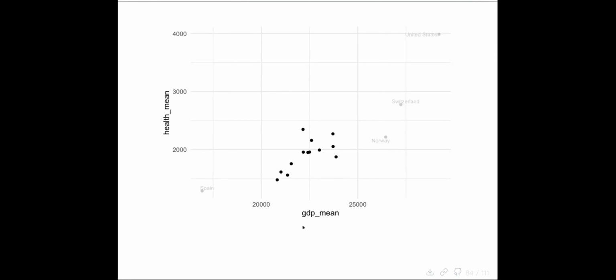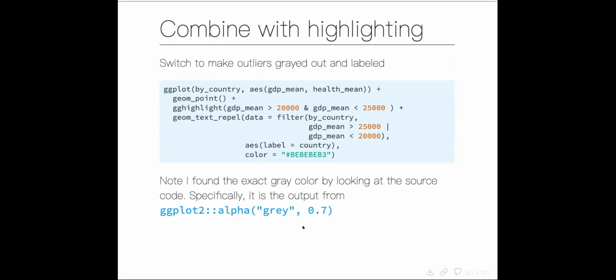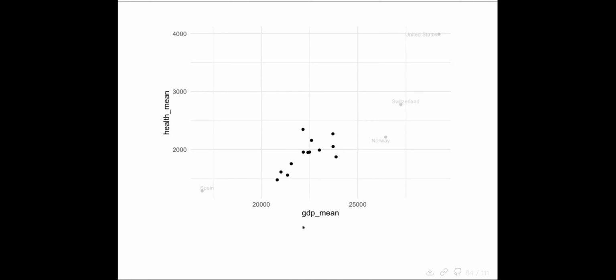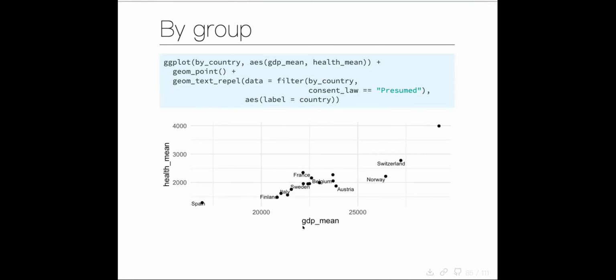Okay, so now we're emphasizing the bulk of the data and de-emphasizing those outliers, but we're also labeling those outliers so that if you're interested in them, you know specifically what country that is. Okay, and whether these are the right points to label or not is sort of not the point, right? But we can very effectively, very quickly do this, all right?